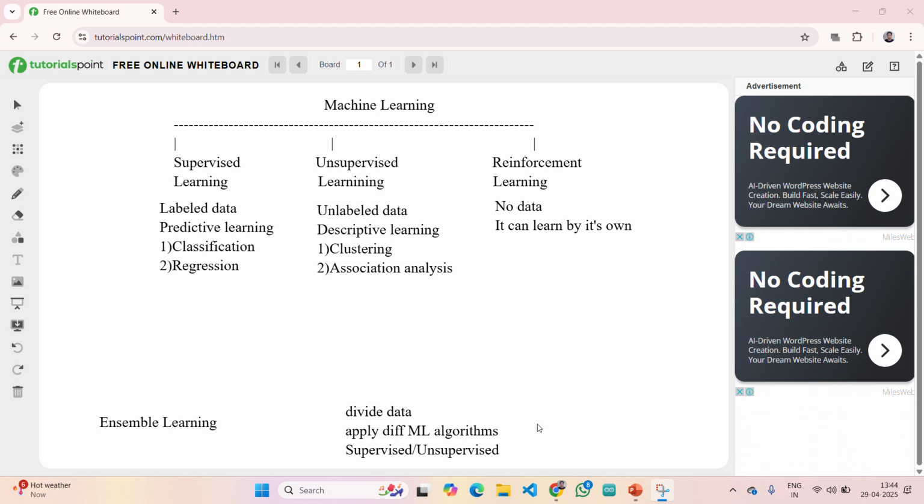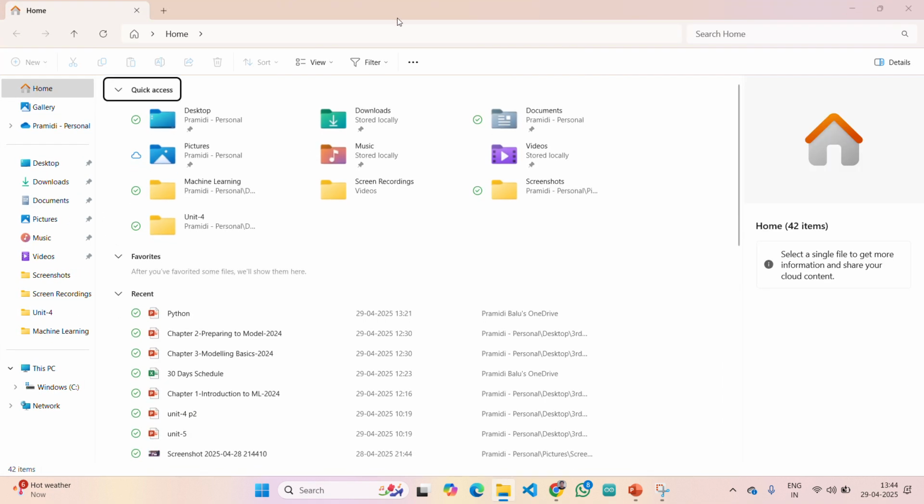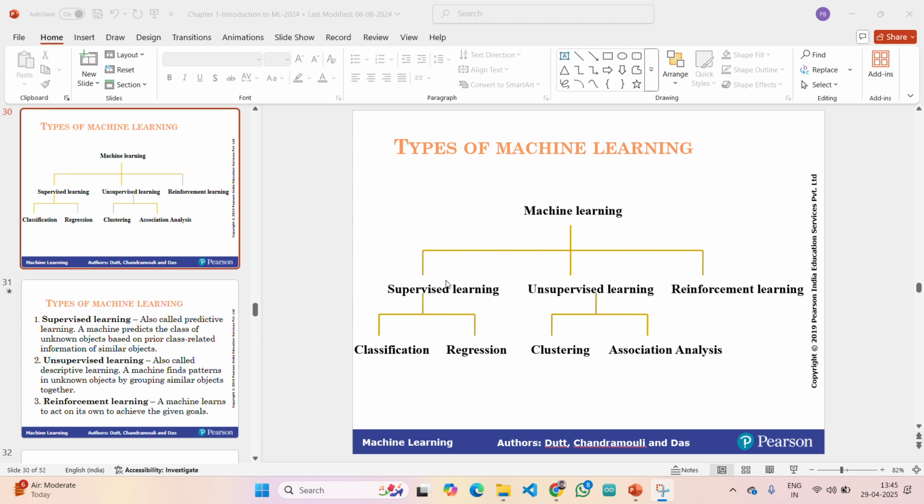Now let me show you through the PPT the original definitions. Here you can see the types of machine learning: supervised, unsupervised, reinforcement, classification, regression, clustering, association. Ensemble learning is not a type of machine learning, but it is a concept present in machine learning.